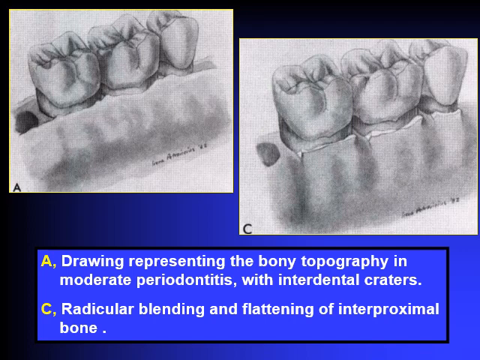This is the radicular blending, and it is done, as I said, by sweeping strokes to achieve the even flowing thin radicular surface over the prominence of the roots. But now we can't leave this shelf-like marginal bone like this, and it will be corrected by the osteotomy technique.